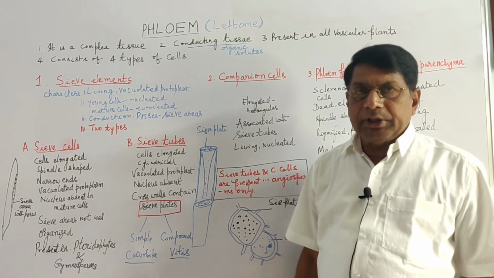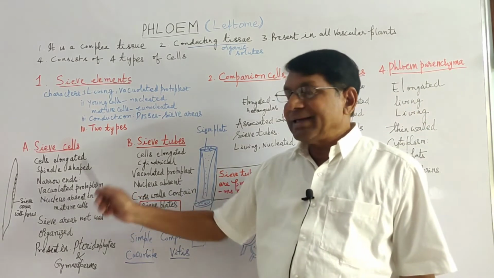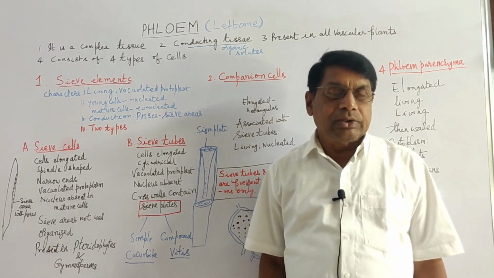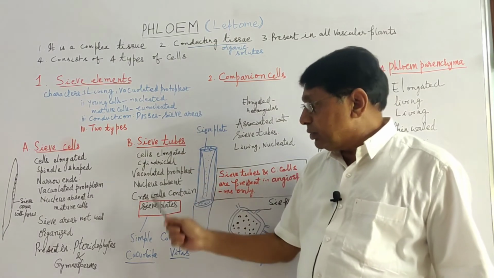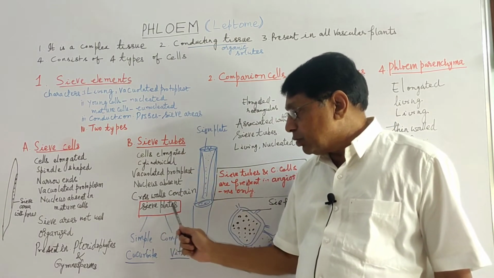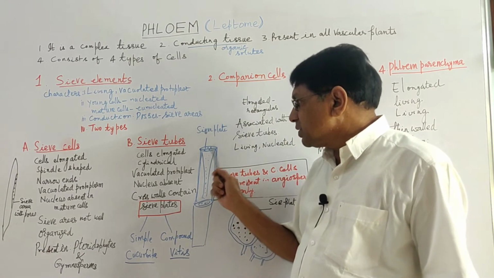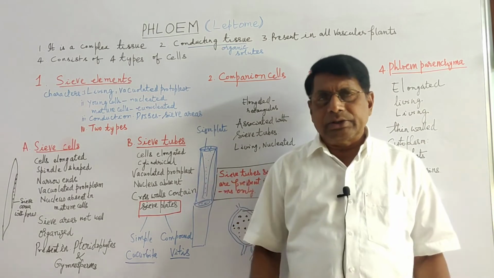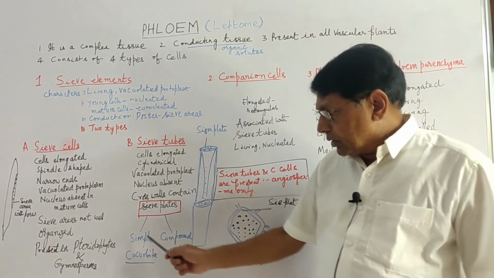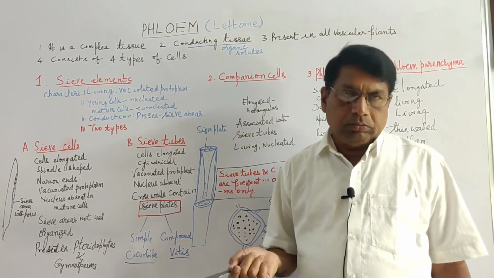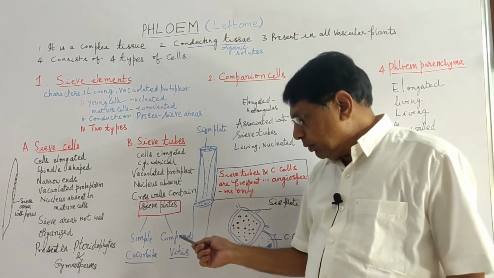See the difference here. Here we call them sieve areas, not well organized. In case of sieve tubes, we call them sieve plates. This is a sieve plate, these are the sieve pores, well organized. They may be simple, containing only one pore, or compound, with many pores.